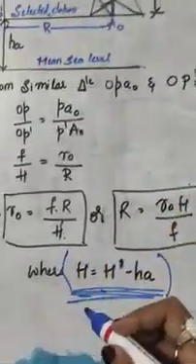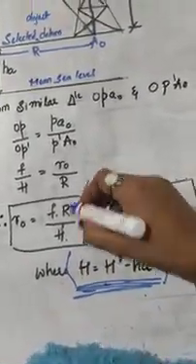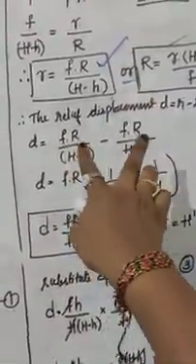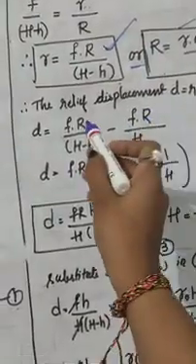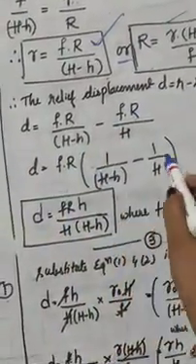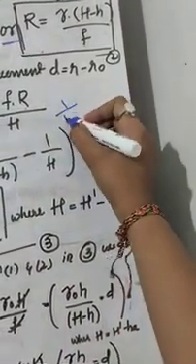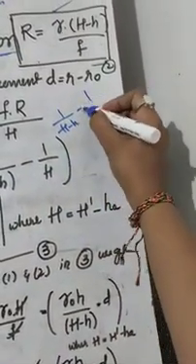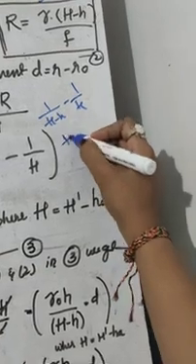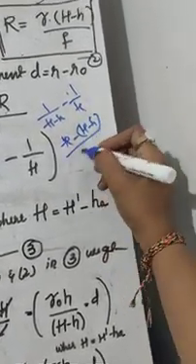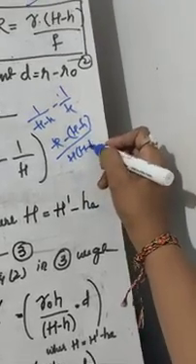So these values are there, no? See, the values for small r naught and the values for R, we are substituting here. So from this equation we are taking out fr common, then it becomes this way. So we should solve this. How should we solve this? See, 1 by h minus 1 by H. So we are taking h minus this, we are taking this side, H minus h divided by h into H minus h.